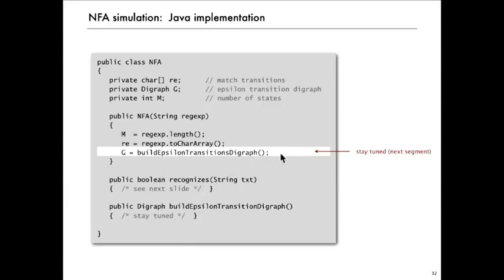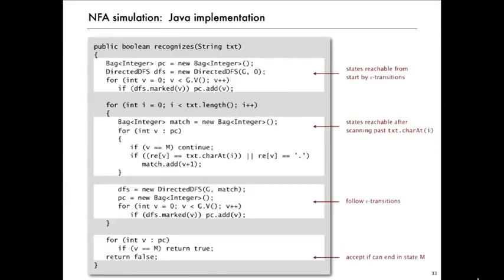So we'll take a look at building the digraph in a second, but the one that we're talking about now is simulating the operation of the NFA once it's built for a given text string.